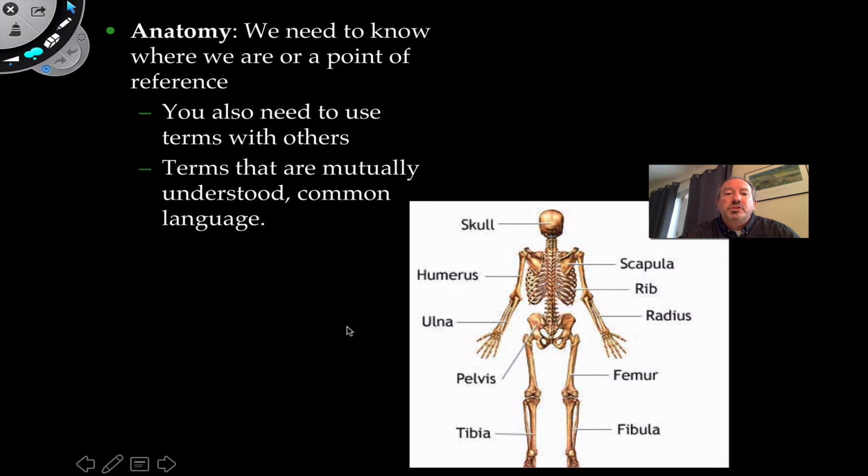The terms must be mutually understood and there must be a common language. There's a long background with this in terms of the names of these structures: they go back to early Latin, which still persists, and Greek terminology. And there are actually federations and organizations that assemble to make sure that internationally we're all talking about the same terms.